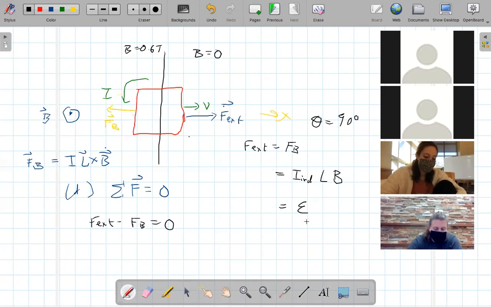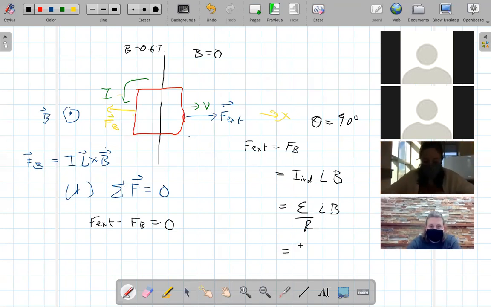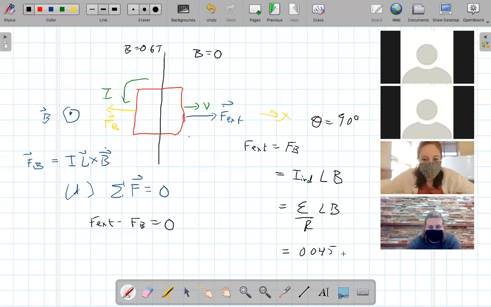The induced current is the same thing as the EMF divided by the resistance times the length times the magnetic field. So plug in our numbers, we find in this case then this works out to be 0.045 newtons. So this is the external force required to move this guy through this region of magnetic field through to the region of no magnetic field.